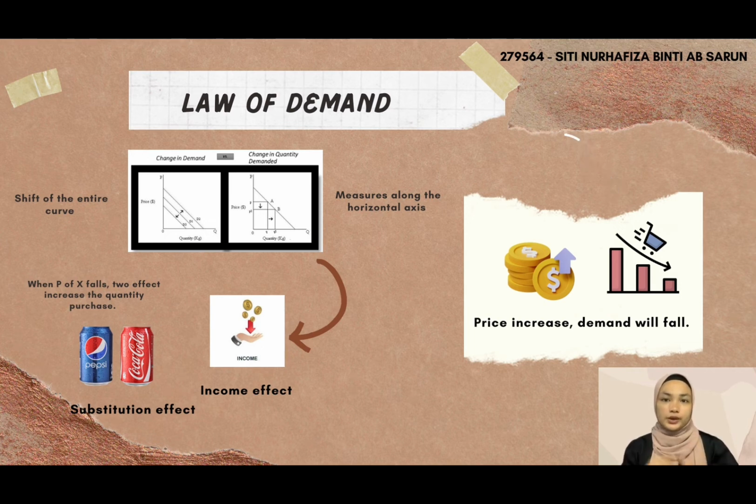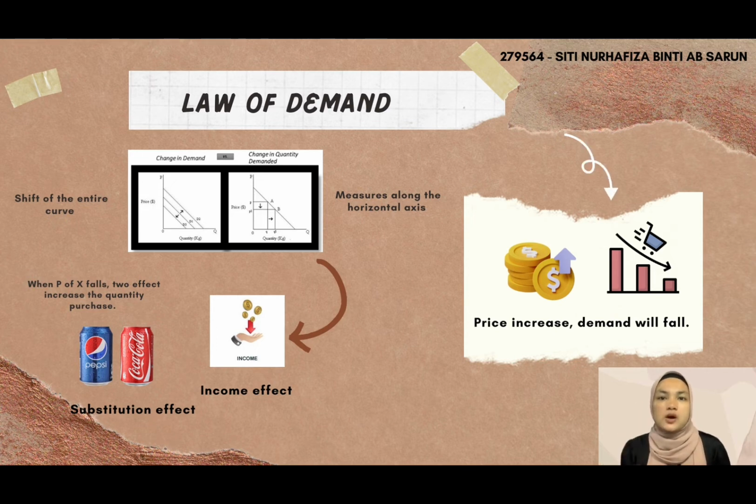In formulating his theory of demand, Marshall chose to ignore the inconsistency he introduced by assuming that the purchasing power of money is constant. When the price of a product such as X falls, two effects are at work that increase the quantity purchased.